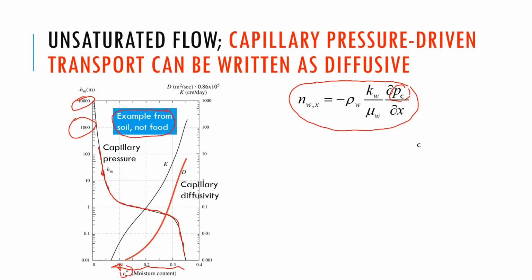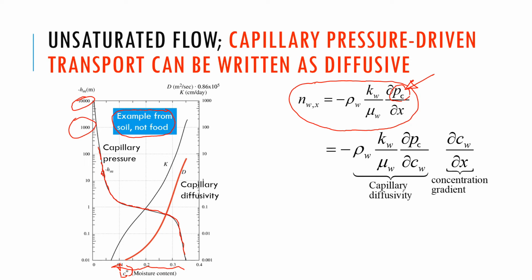And so if PC is a function of the moisture content, then I should be able to write this derivative with a chain rule, del PC del CW times del CW del X. If I do that, you notice that all of this stuff I can call the capillary diffusivity, and then this part is the good old concentration gradient.